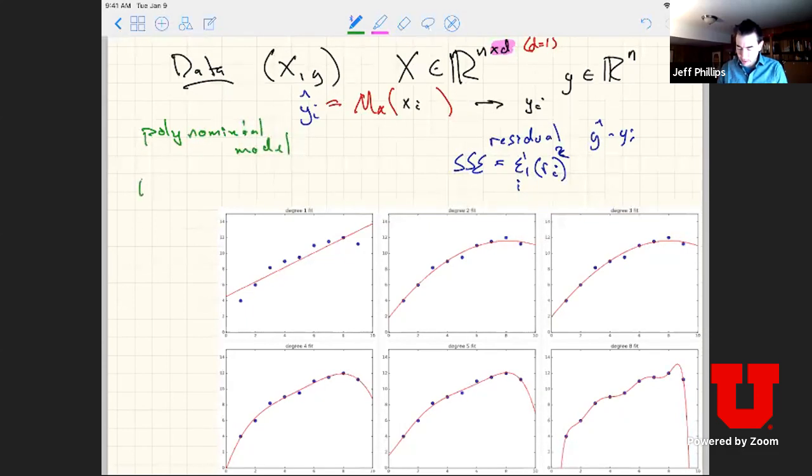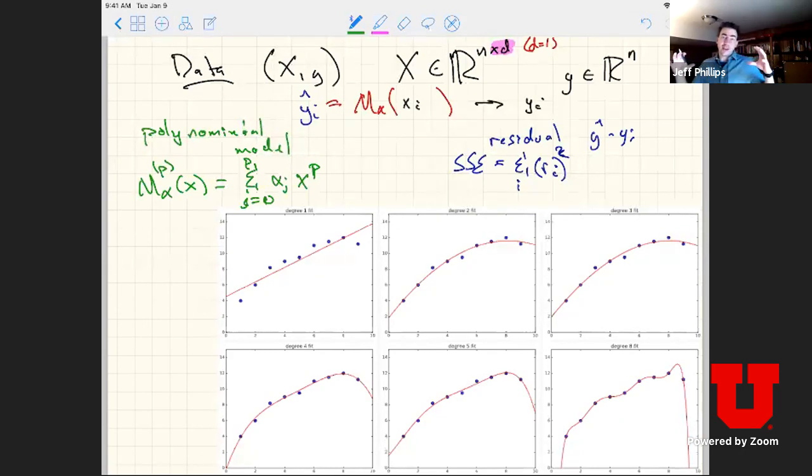That would be m alpha of x to the power p, a sum from j equals 0 up to p of alpha j x to the power j. Remember, x to the power 0 is going to be a 1, so it's going to be a constant for any value x, right? So this is the polynomial model.